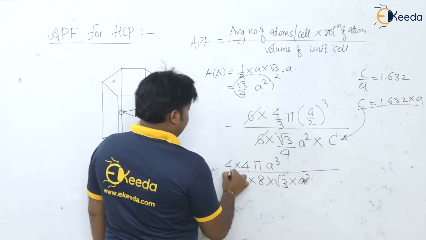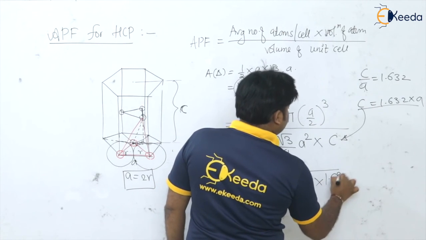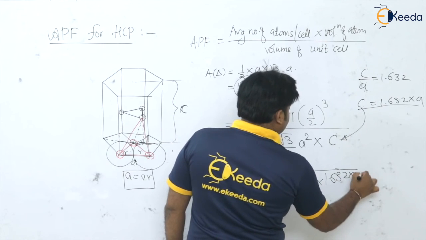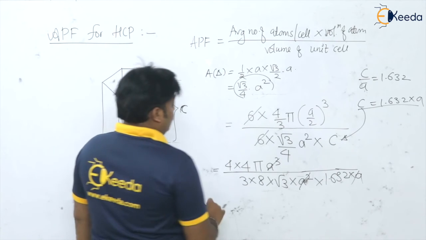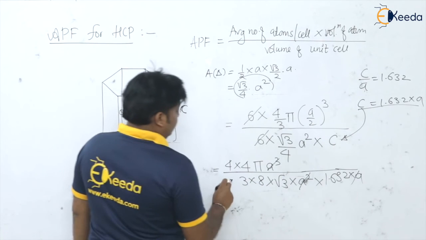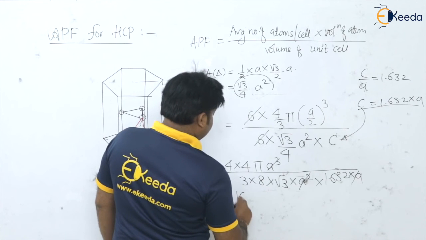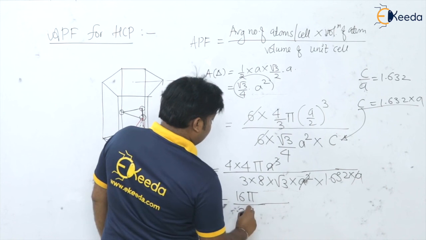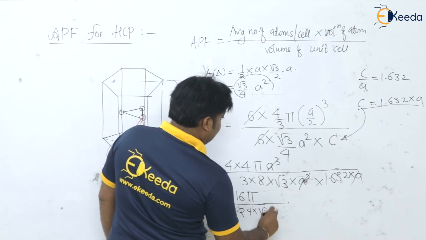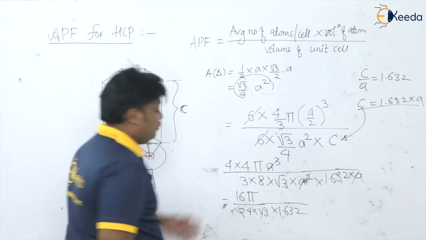I will write this 4 here, into c, which is how much? 1.632 times a. So this a cube with this a square, a gets cancelled out. So we will get how much here? 16 pi divided by 24 into root 3 into 1.632.